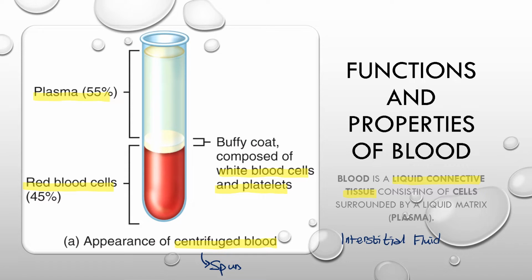Now, because the white blood cells and platelets are less dense than red blood cells, but more dense than blood plasma, they form this thin buffy coat. This is a buffy coat layer between the packed red blood cells and the plasma in the centrifuged blood.